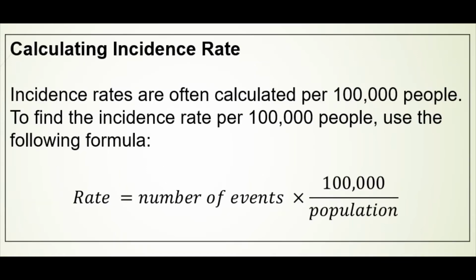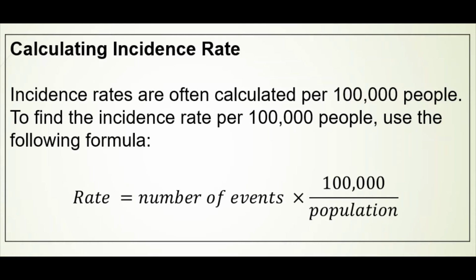All right, so calculating incidence rate. An incidence rate is essentially a relative frequency probability. So we're going to calculate that the same way that we would calculate relative frequency probability: the number of times an event has occurred divided by the number of possibilities for that event to have occurred.